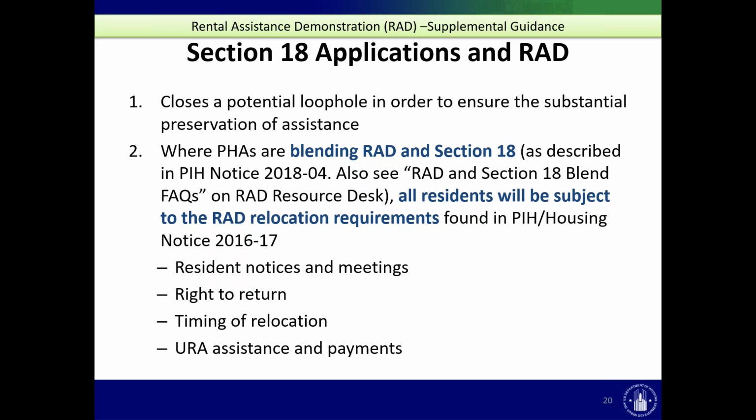As an example, without this, residents would have different rights, and we've decided there's no good policy reason for that. It would create confusion for residents and potential disparities, so we've chosen to go with what are generally stricter relocation requirements under RAD, which require resident notices and meetings, require a right to return, dictate certain timing of the relocation, and make residents eligible for URA assistance and payments.